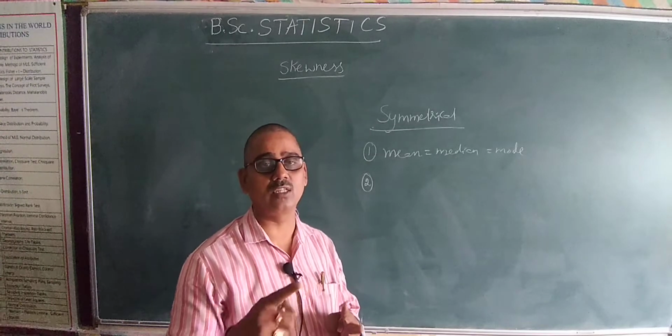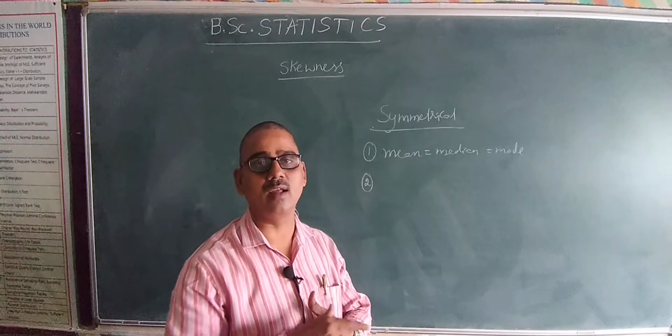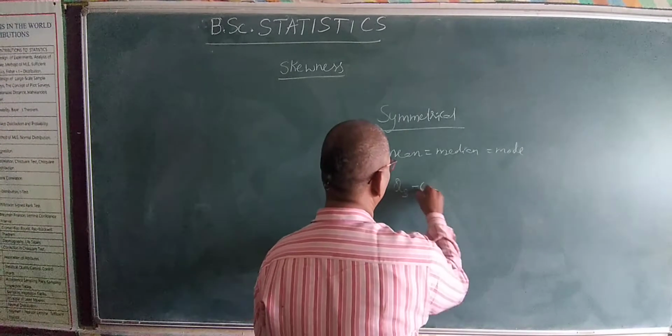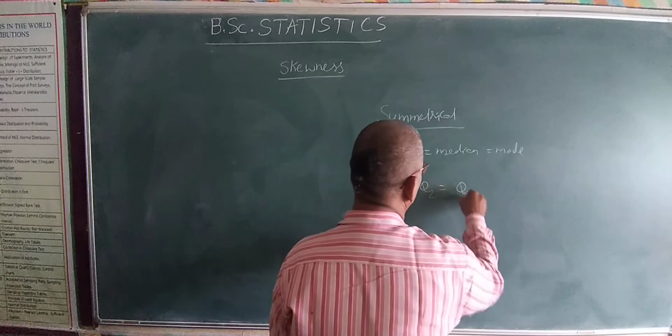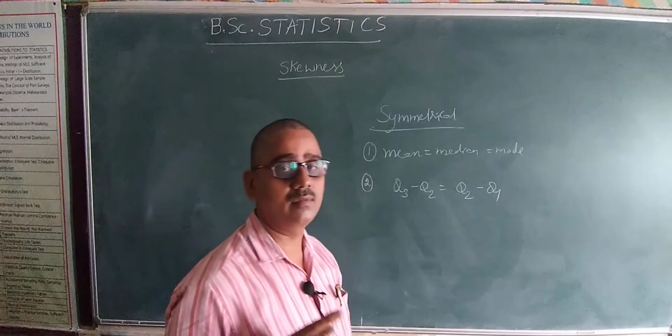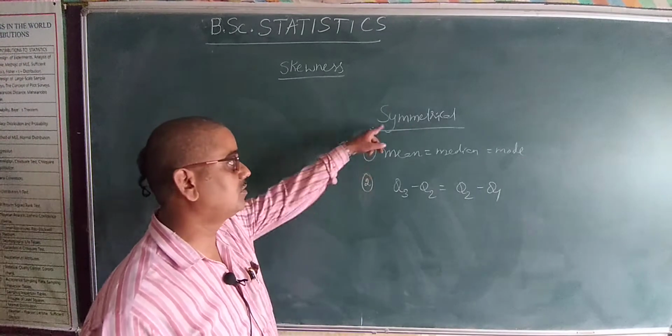Mathematically, Q3 minus Q2 is equal to Q2 minus Q1, where Q2 is the median.